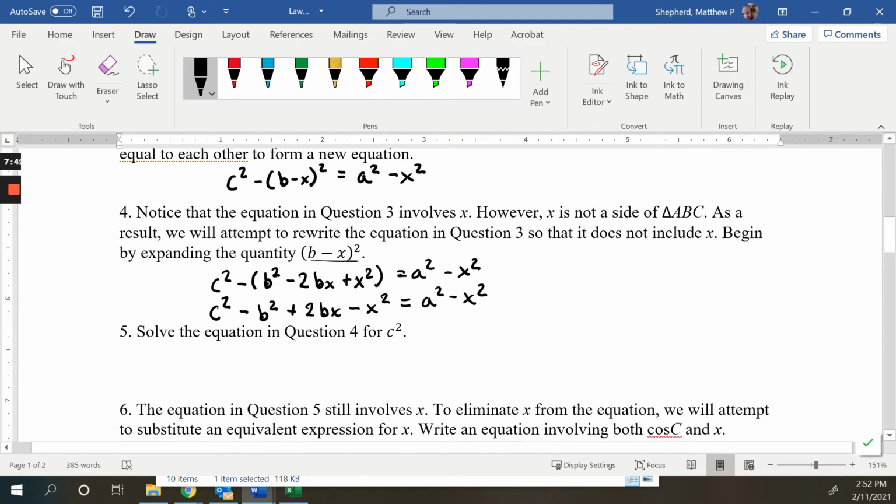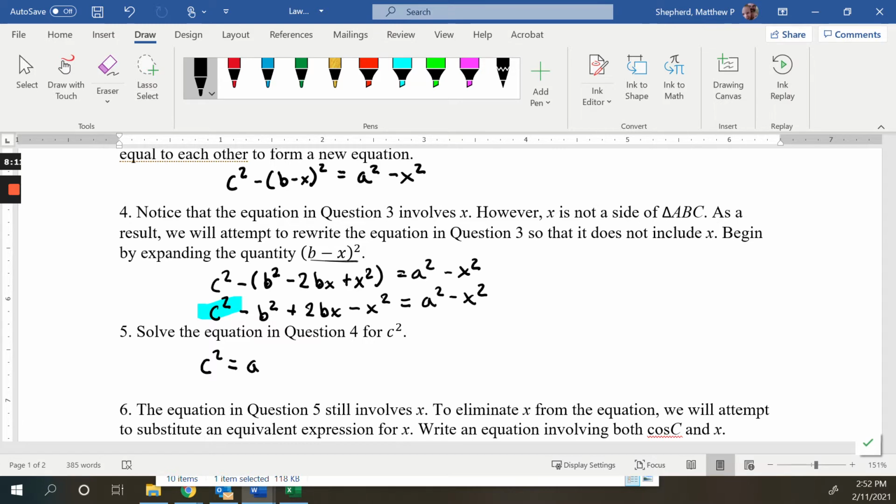Now we're going to solve all of this for c, so we're going to get c squared alone. So I just am going to move everything to the opposite side and then change its values. One thing to note, because we got a minus x squared here, when we add the x squared, we're also adding the x squared there, so that will eliminate.